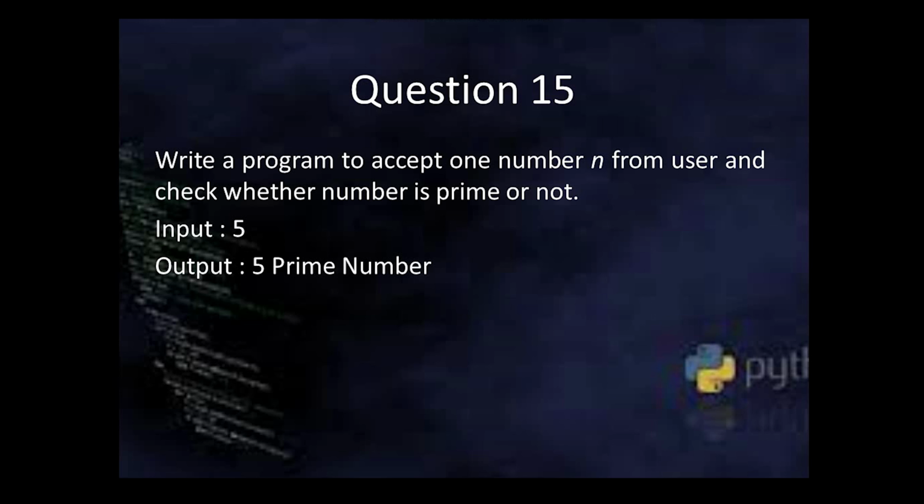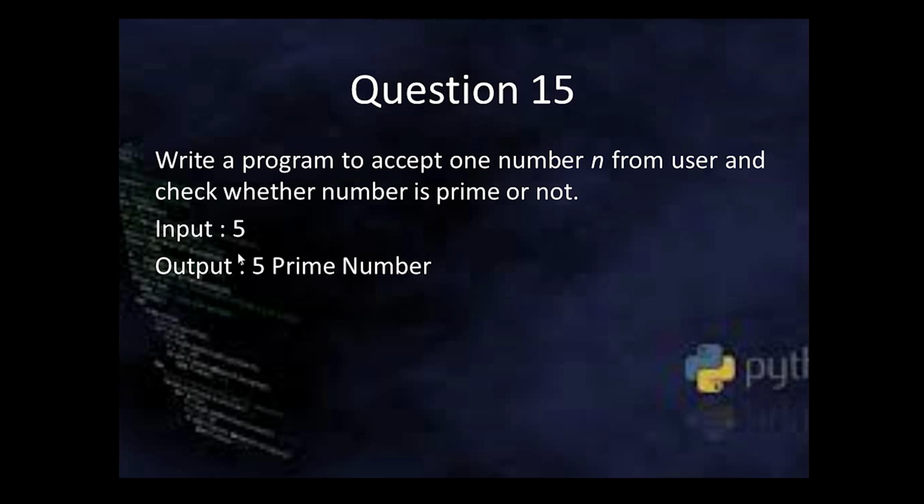Now again, prime number is also a basic mathematical term, but still for your information, I'll tell you what a prime number is. The prime number is a number which is divisible by 1 and itself.